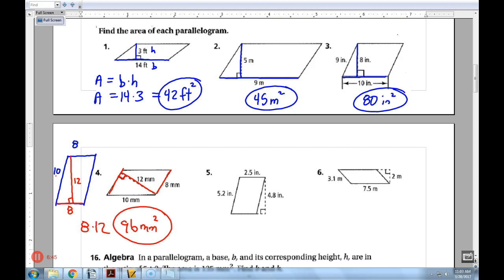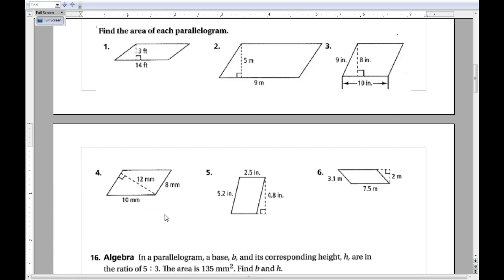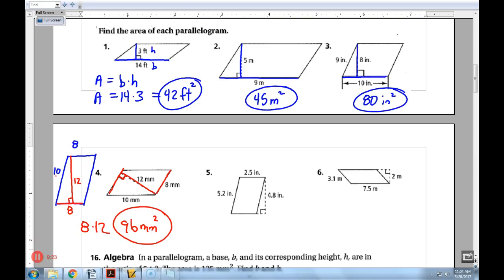Now on number 5, alright, so on number 5, this one's a little bit different. I do have the base, and since it's a parallelogram, the top and the bottom have to match. So my base is 2.5.